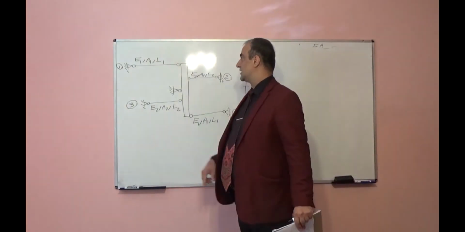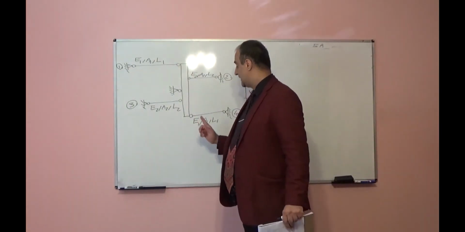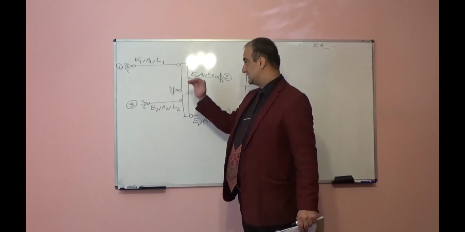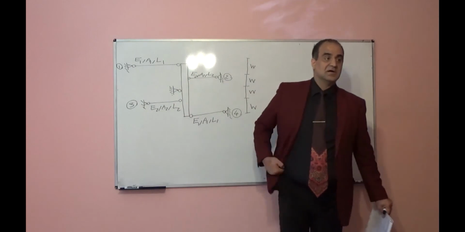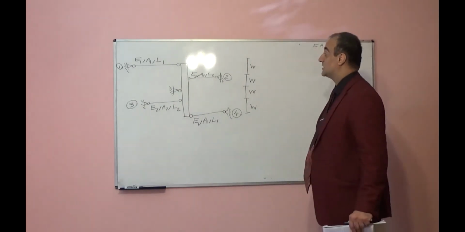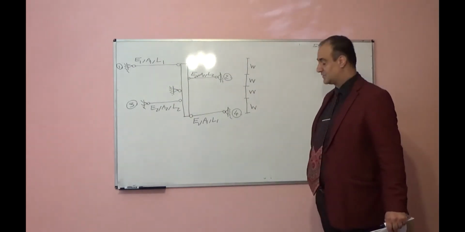In these two rods, the Young's modulus is E1, the cross-sectional area is A1, length L1. In these two rods, the cross-sectional area is A2, Young's modulus E2, length L2.